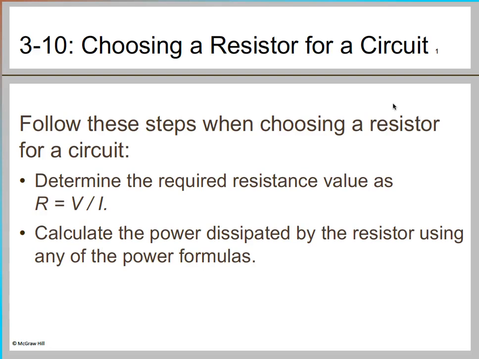You might be familiar with the formula P equals V squared by R. Using that formula, you can calculate the power, and based on that, select a wattage rating of the resistor that will provide an adequate cushion between the actual power dissipation and the resistor's power rating.